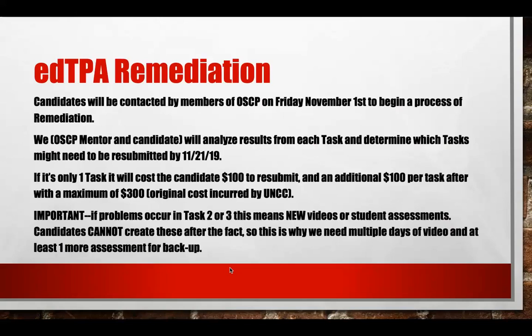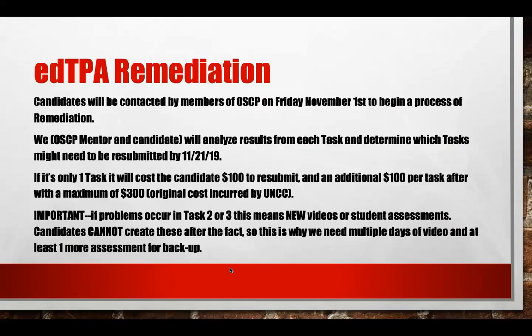One of the great things that you can remind them to make sure that they're doing a good job on this is the cost of edTPA. The original $300 that it costs to submit edTPA is paid for by UNC Charlotte. So UNC Charlotte picks up the tab on the original submission.